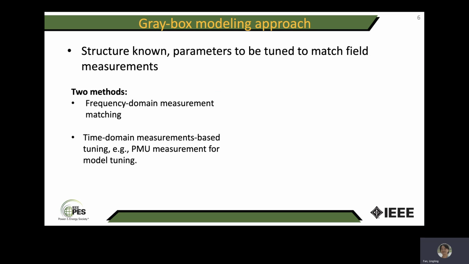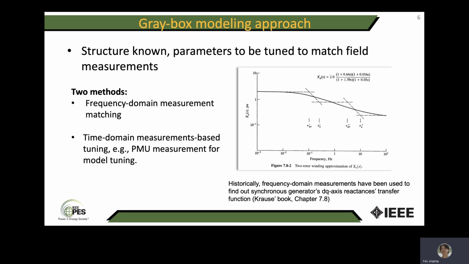Depending on the field measurements, we have two methods. One is the frequency domain measurements, like we just showed, such as frequency scan. Second is the time domain measurements, like the phasor measurement data, the PMU data. So tuning the model from PMU measurement has been adopted by the grid industry. On the right side, I'd like to show one frequency domain measurement matching.